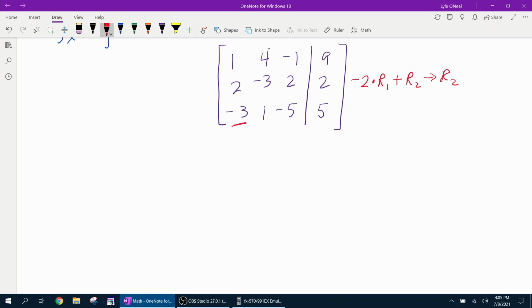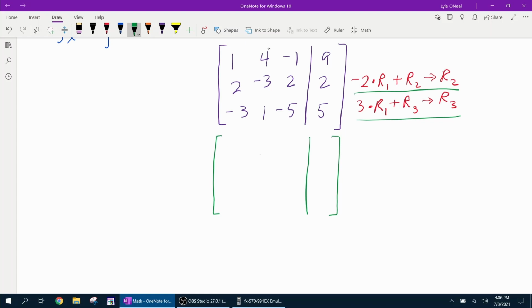We're also going to get -3 to become 0 by multiplying row 1 by +3, adding that to row 3 to produce a new row 3. If I multiply row 1 times 3, 3 times 1 is 3, added to row 3 will make that become a 0. And did I mention that you're going to have to not only know this notation, but know how to come up with these row operations on your own in order to achieve your objectives.